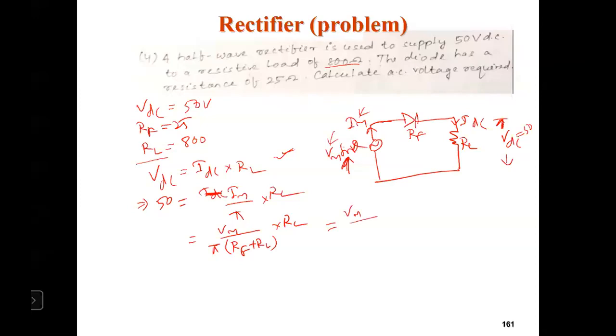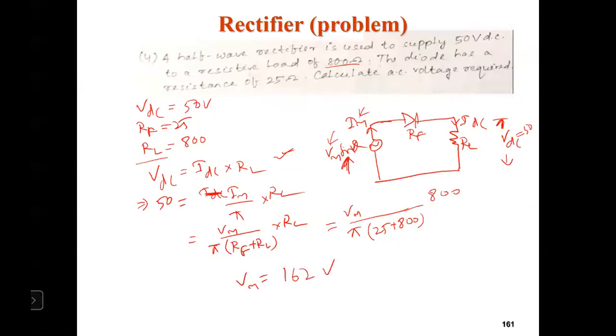RL is 800, RF is 25 plus 800, into RL which is again 800. Rearrange it and calculate. It will come as 162 volt.